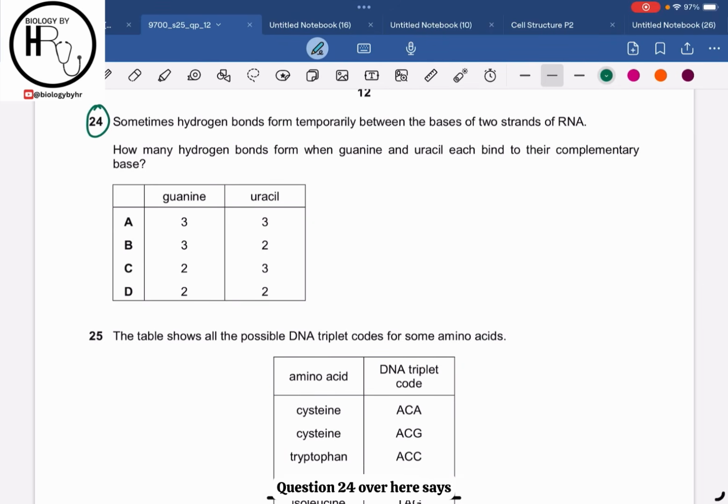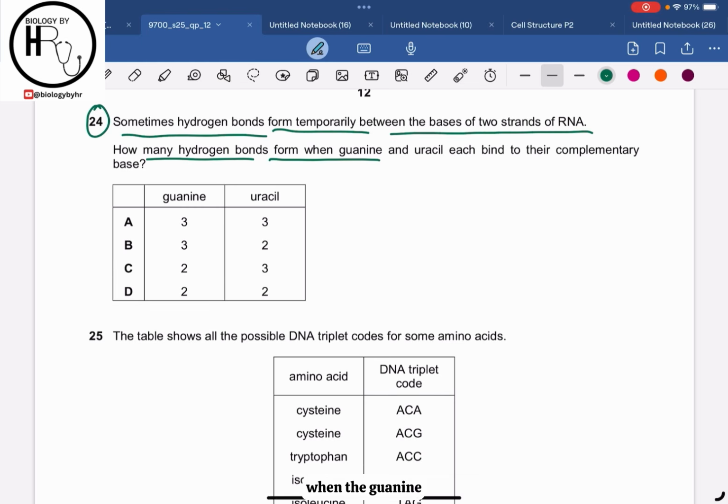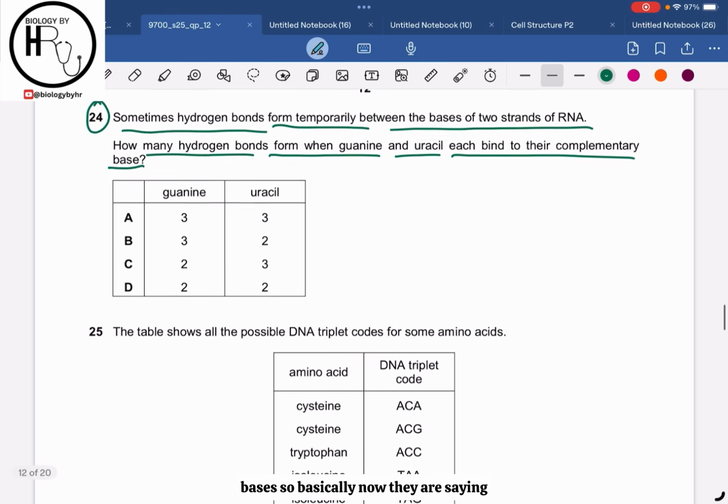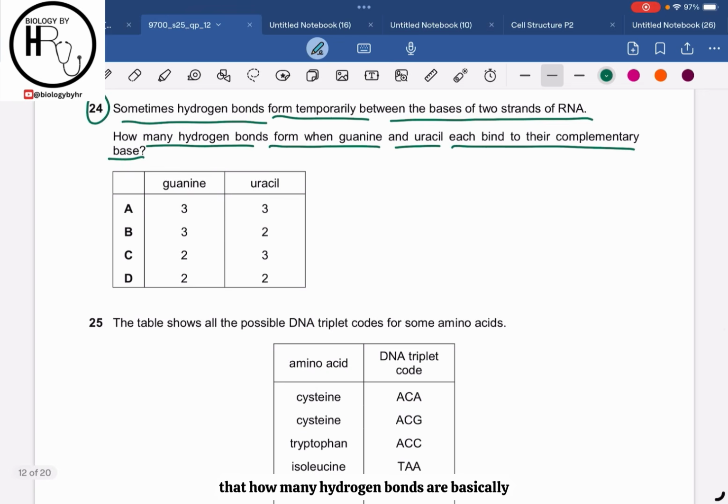Question 24 says that sometimes hydrogen bonds form temporarily between the bases of two strands of the RNA. How many hydrogen bonds form when the guanine and uracil each bind to their complementary bases? So basically they are asking how many hydrogen bonds are found between the nitrogenous bases.